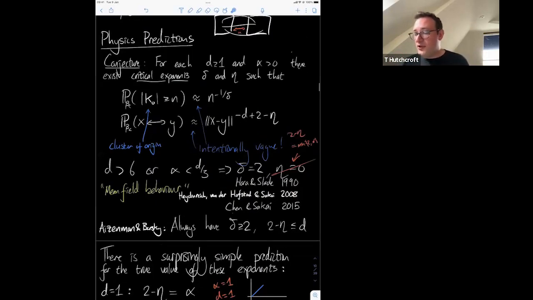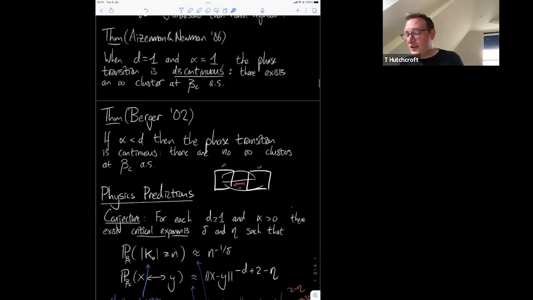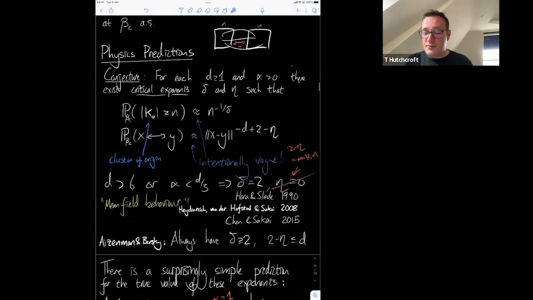First of all, we have a similar picture in high dimensions, where we have mean field behavior, except there's now a different meaning of high dimension: it's exactly when this effective dimension is bigger than 6. So it's when either the dimension is strictly bigger than 6 or alpha is less than d/3. Actually, what I wrote here is a bit wrong.